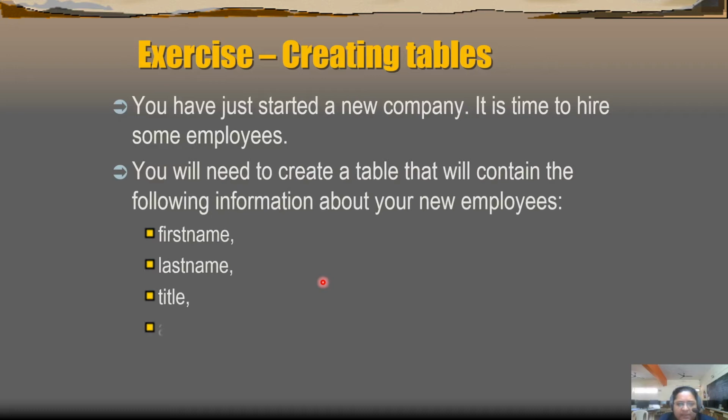Now there are some exercises through which all these constraints will become very clear. Question number 1. You have just started a new company. It is time to hire some employees. You will need to create a table that will contain the following information about your employees: first name, last name, title, age and salary.